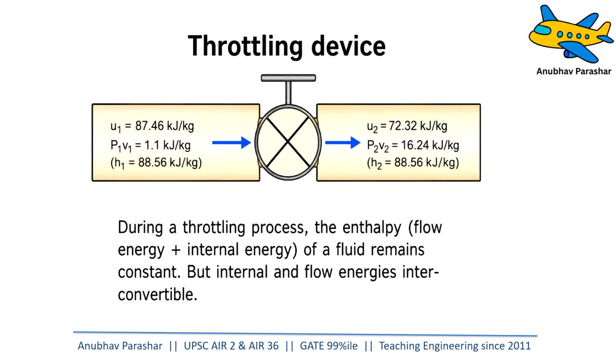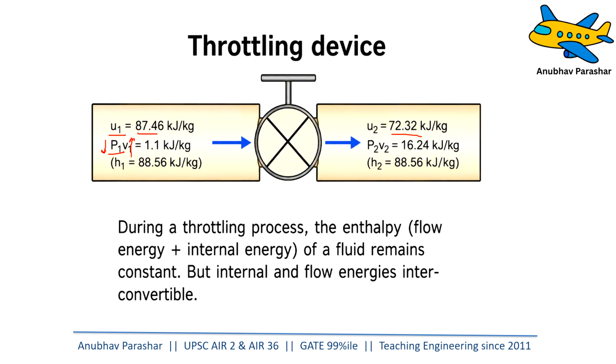So you can see the internal energy changes because of the temperature. We all know the internal energy is a function of temperature. Now, because the temperature decreases, the internal energy decreases to some extent, not much, but to some extent. Here the pressure drops immensely, but at the same time, it is accompanied by an extensive increase in volume.